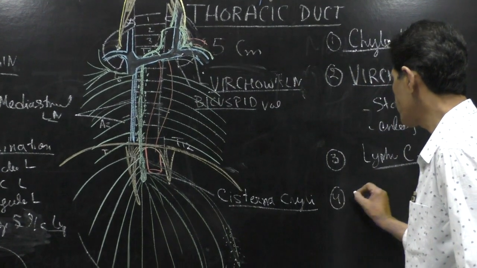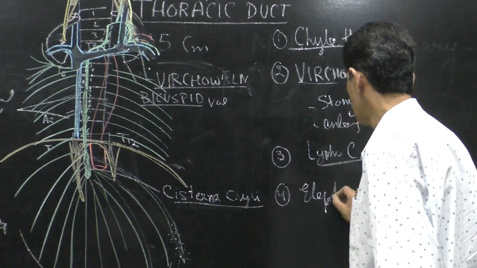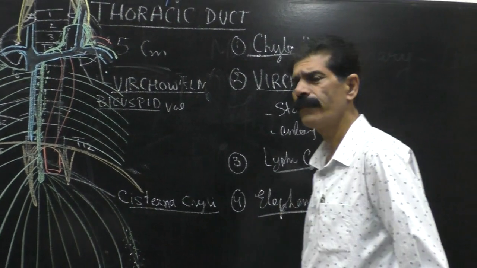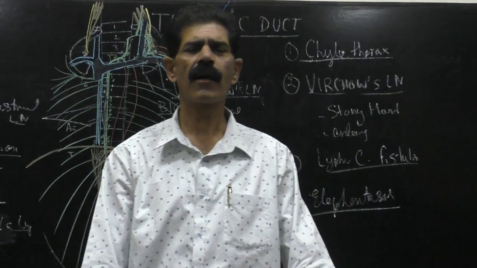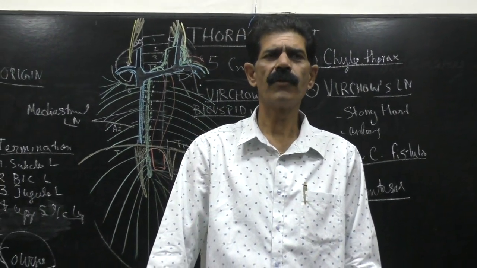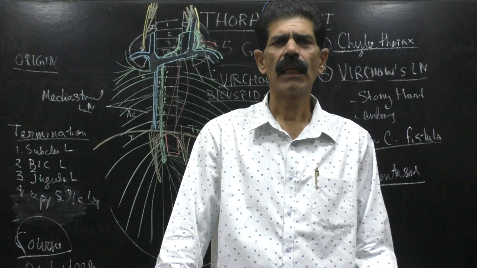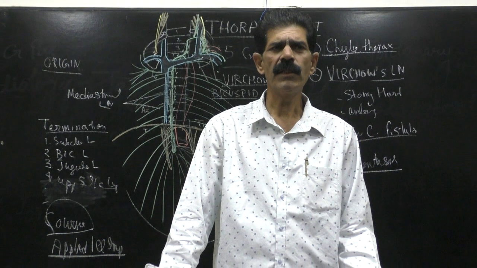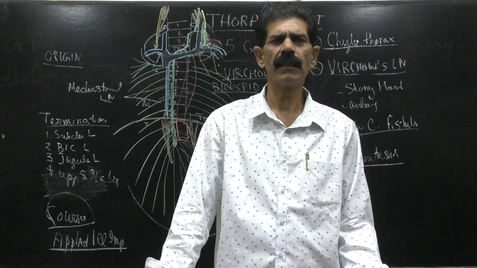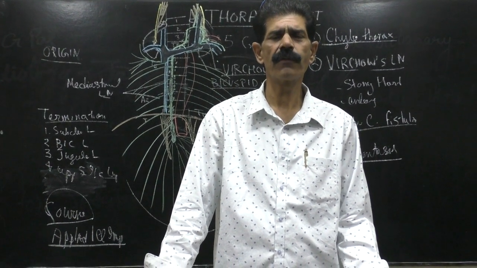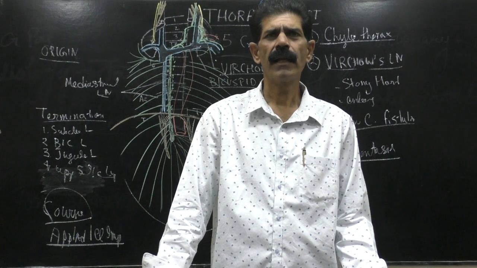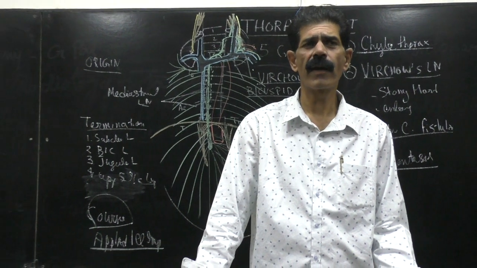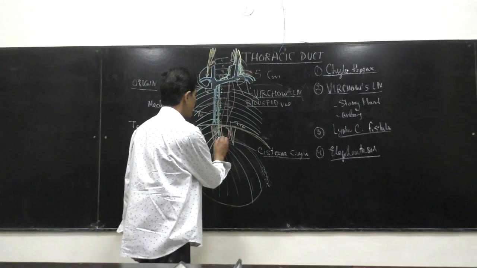Then the elephantiasis. So elephantiasis is the condition which we know is caused by the parasite Wuchereria bancrofti, and this parasite is very fond of the lymphatics. So these parasites grow in the lymphatics, they get the nutrition from the lymph, and because of the overgrowth and proliferation of these parasites in the lymphatic channels, what happens?